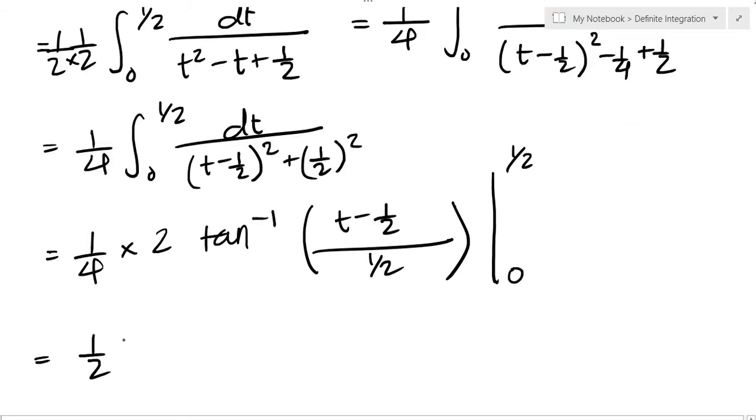This will be half tan inverse. I'll just clean this up, so this will be 2t minus 1, then the 2 gets factorized from half to 0.